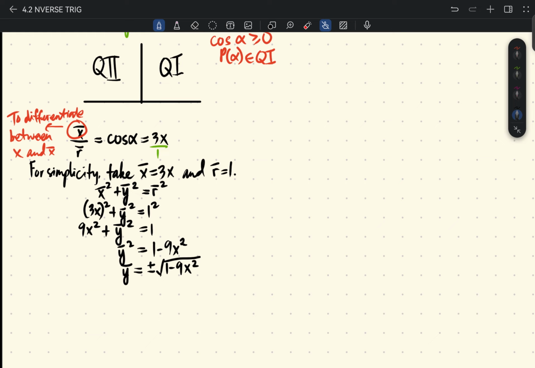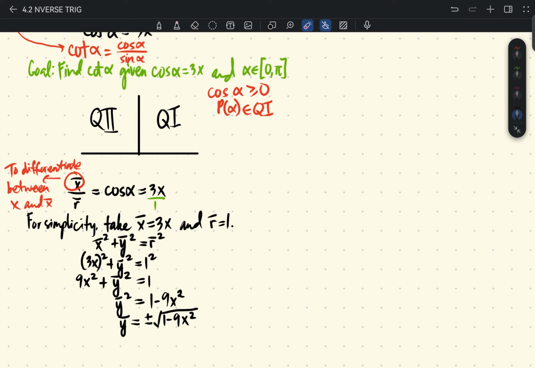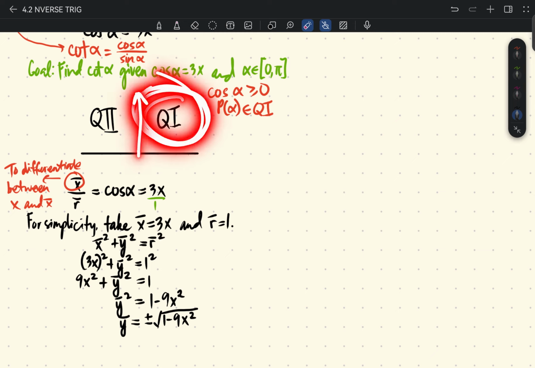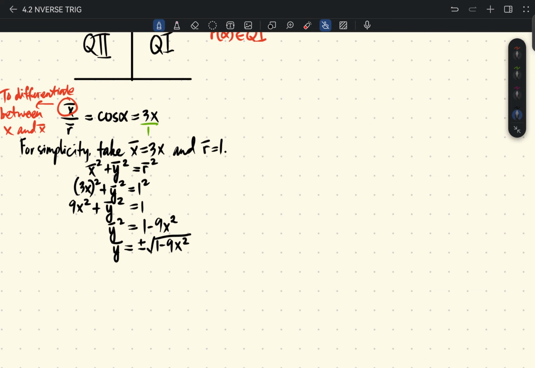Now, which value of y bar will we be taking? Take note, we are considering quadrant 1. So that means the y values are not negative. So since quadrant 1, y bar is the positive square root of 1 minus 9x squared.